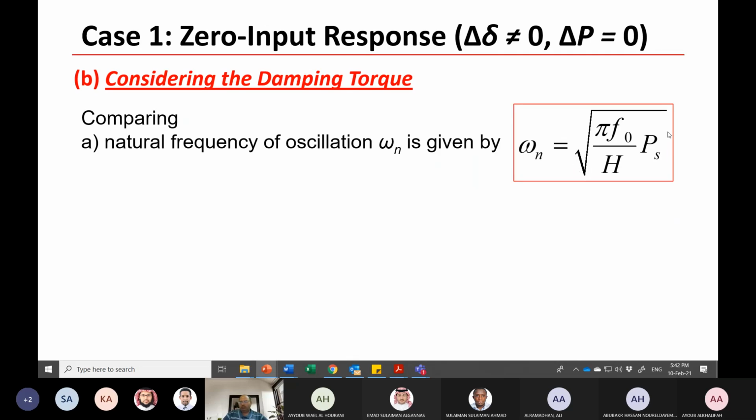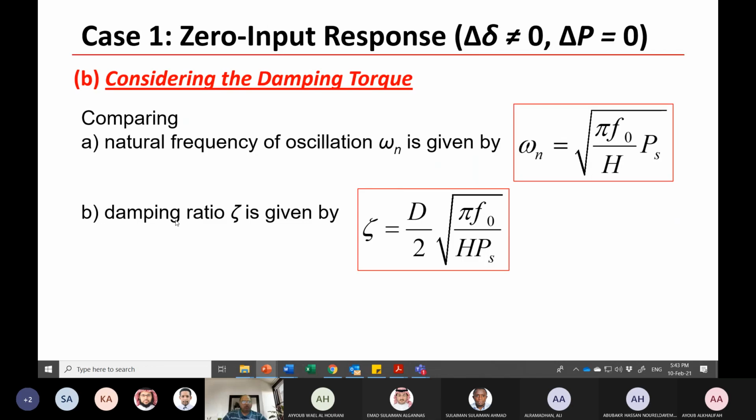Natural frequency is not affected by the damping. This is the natural frequency of the oscillation, and it is an embedded characteristic of the system.